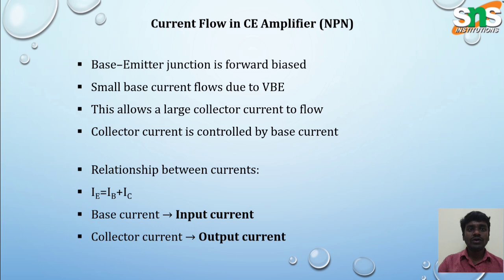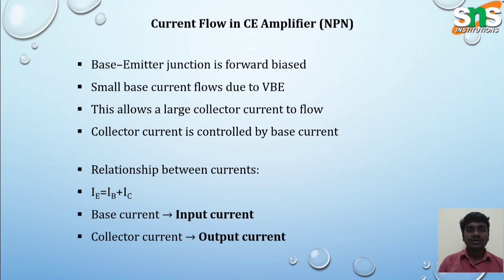Now the current flow in the common emitter configuration, particularly in an NPN transistor. The base emitter junction is forward biased. Already we know that. A small base current flows due to VBE, the potential difference between the base and emitter, which is the power supply we have supplied. This allows a large collector current to flow, so collector current is controlled by base current.